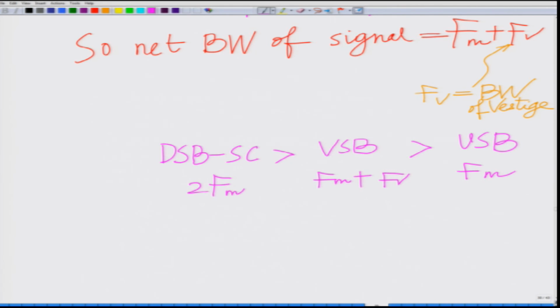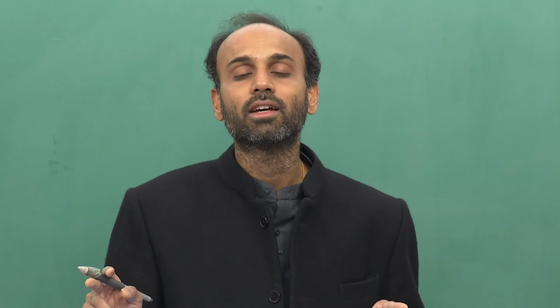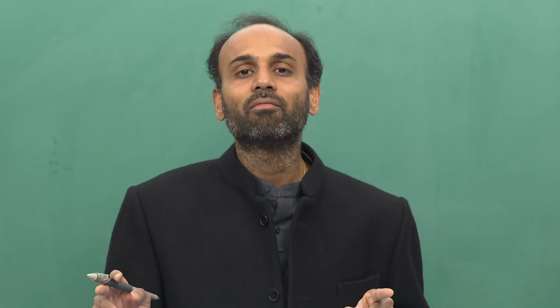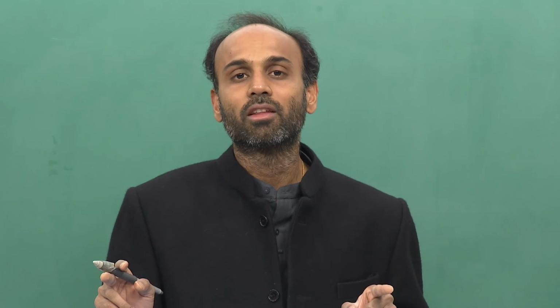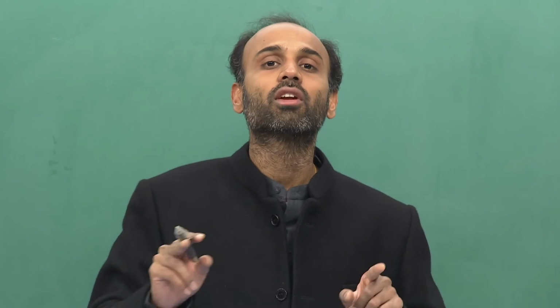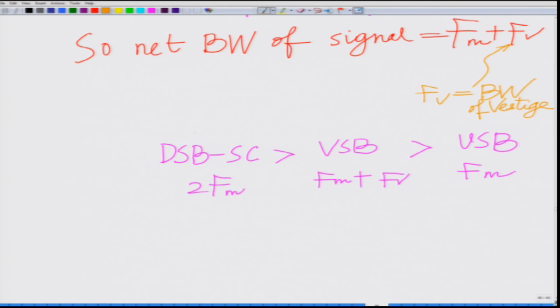Therefore, upper sideband modulation is more efficient than vestigial sideband modulation, which is in turn more efficient than double sideband modulated suppressed carrier. So, this is basically increasing spectral efficiency from double sideband.